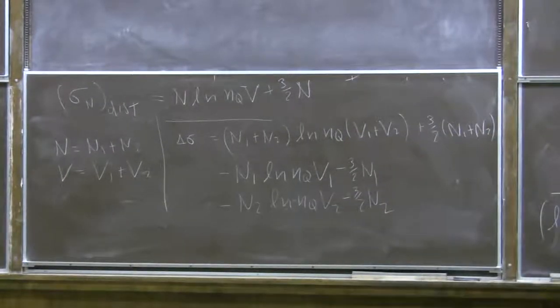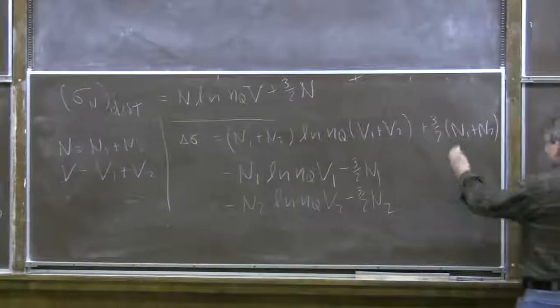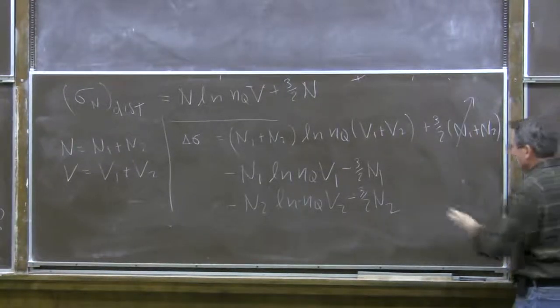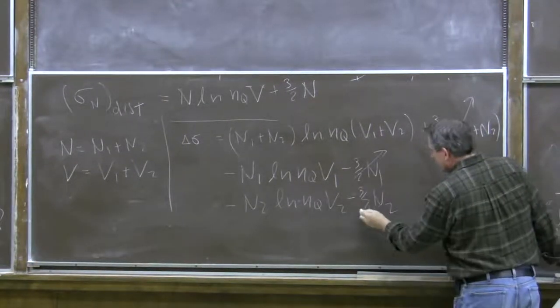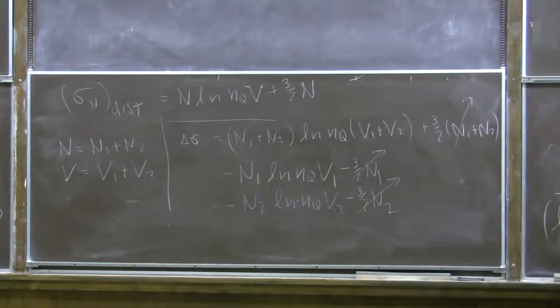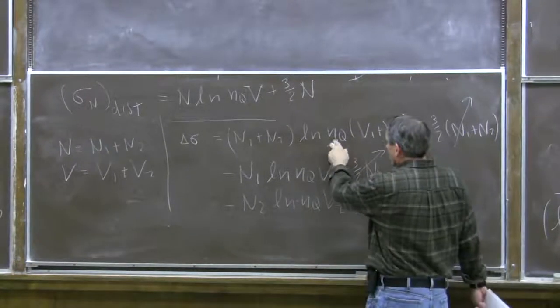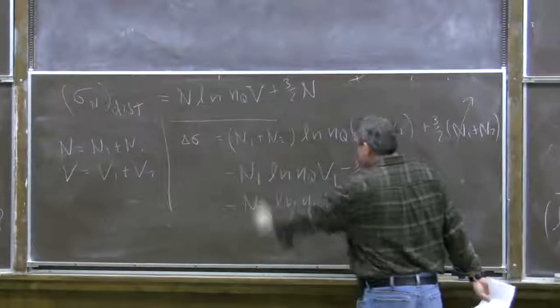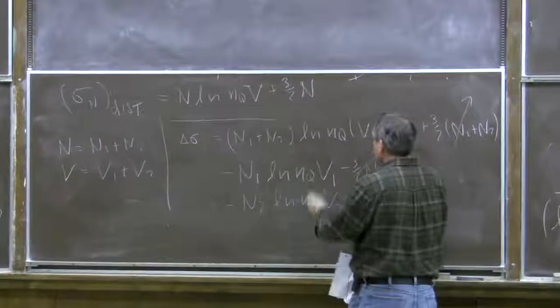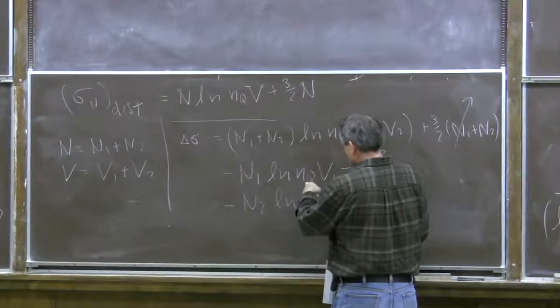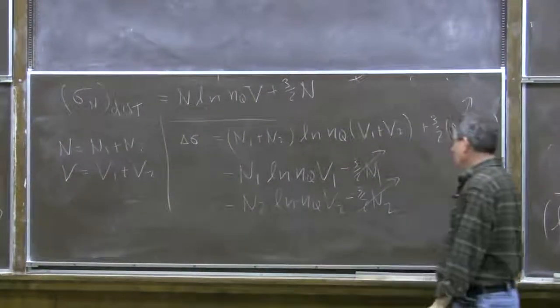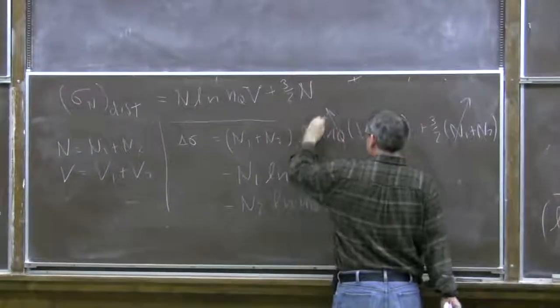So a lot of stuff cancels. Like this 3/2 N1 plus N2 cancels against this minus 3/2 N1 and this minus 3/2 N2. If I look at the terms that are proportional to the log of the quantum concentration, the log of nQ here times N1 plus N2 cancels against minus N1 log nQ minus N2 log nQ, so we don't have to worry about that.